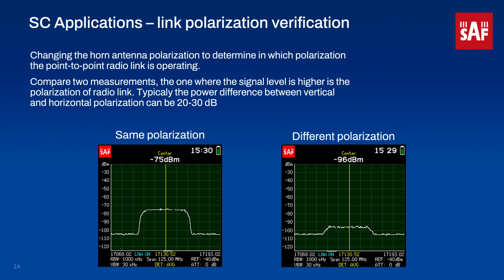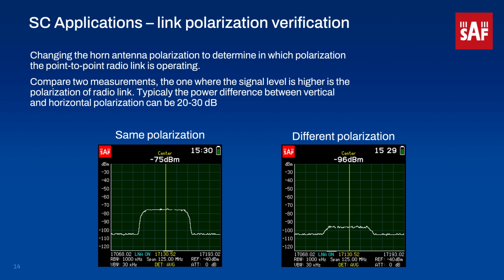In the images on this slide, you can see examples where the horn antenna and the radio link are in the same polarization. This means that in that case, the signal levels will be higher. If the horn antenna and the radio point-to-point link antenna are in different polarizations, then we will see that the total signal power will drop.